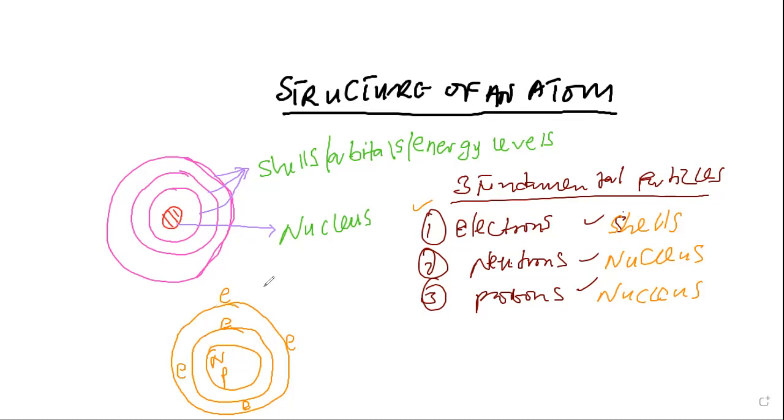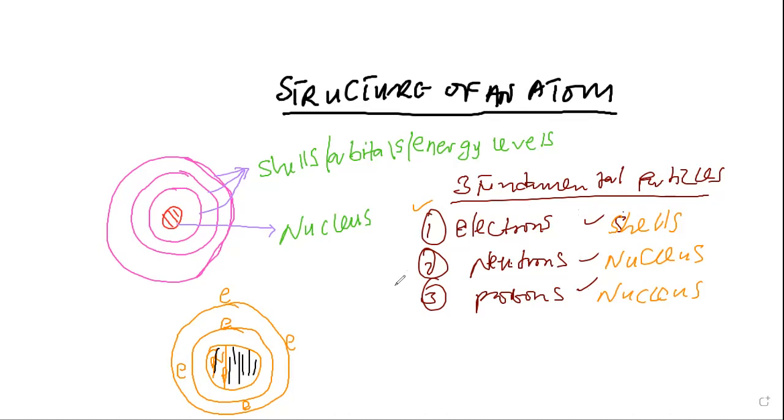The neutrons, together with the protons, are found right in the nucleus there, in the middle. So now this is about the three fundamental particles. We have talked about electrons being found in the shell, neutrons and protons being found in the nucleus.